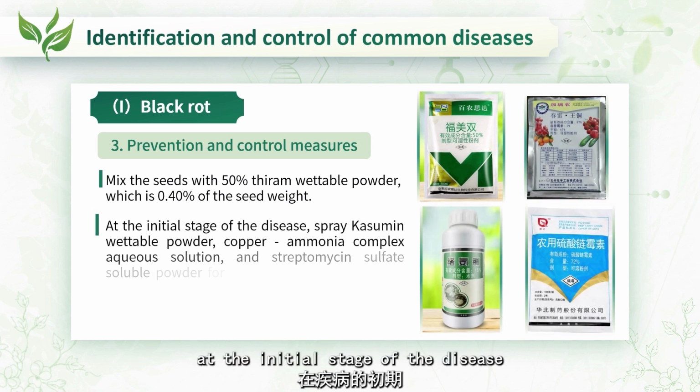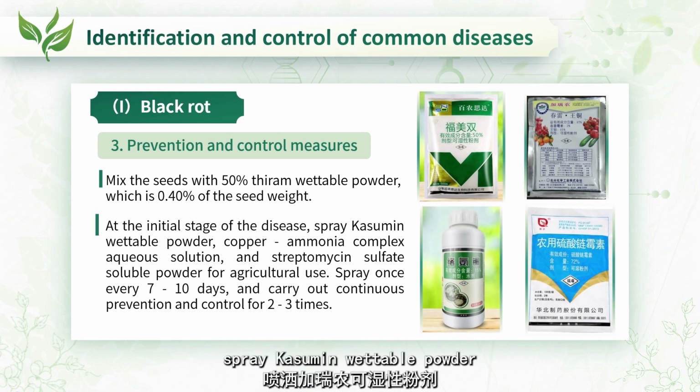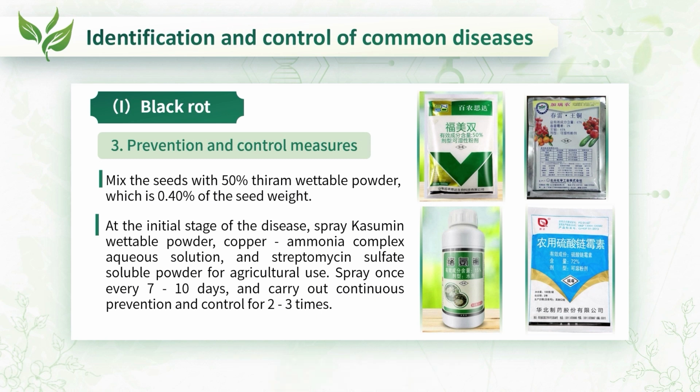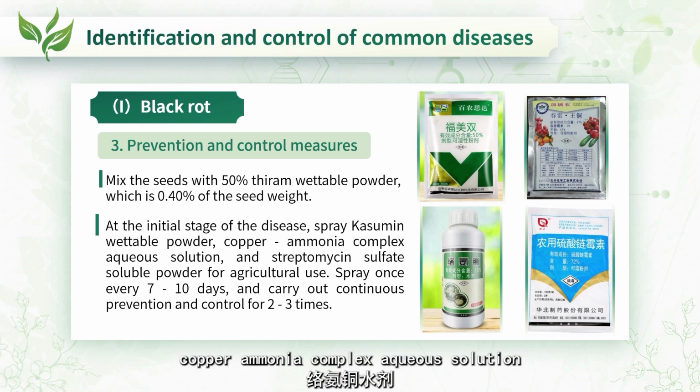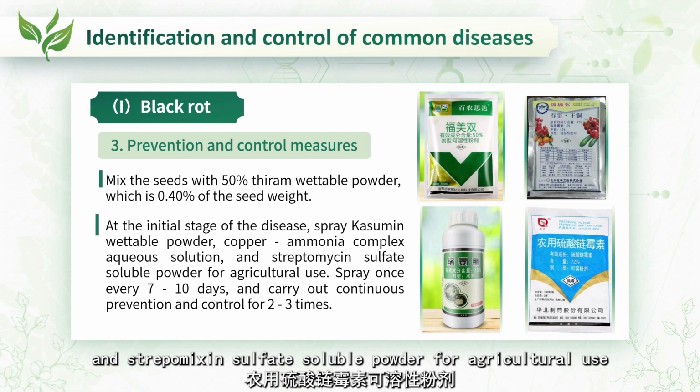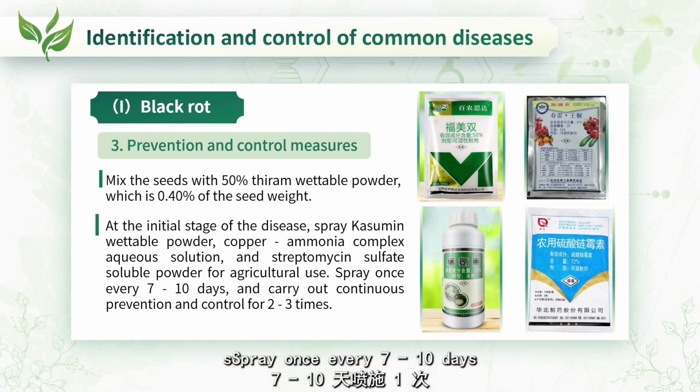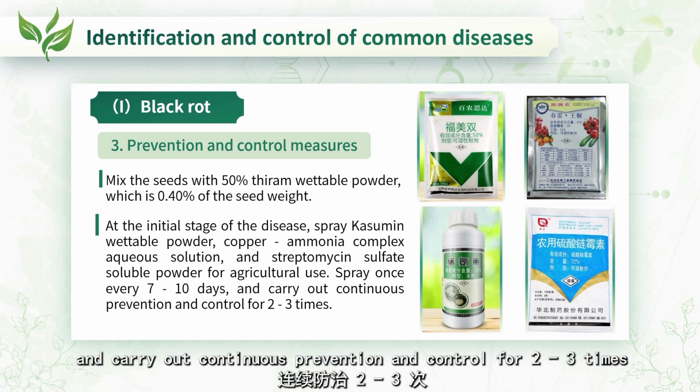At the initial stage of the disease, spray Cosman wettable powder, copper ammonia complex aqueous solution, and streptomycin sulfate soluble powder for agricultural use. Spray once every 7–10 days, and carry out continuous prevention and control 2–3 times.